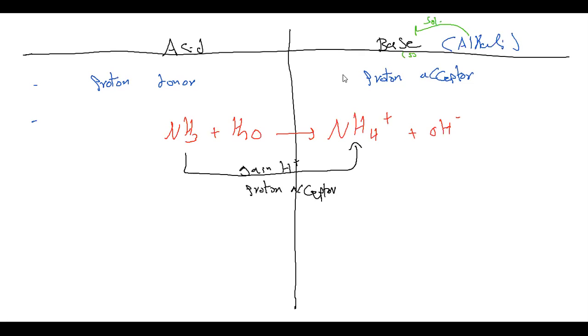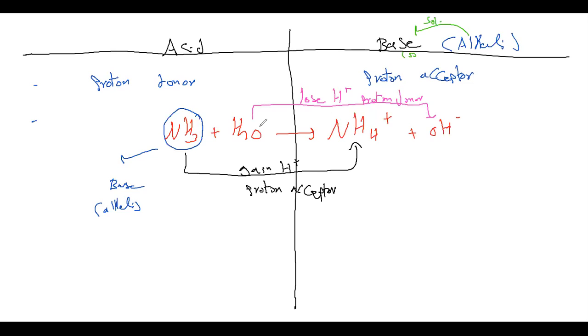So in this case, NH3 is considered as base or alkali. While in case of H2O, it changed to OH negative. This means that it lost H positive. This means that it is a proton donor. So H2O in this case is considered as acid.